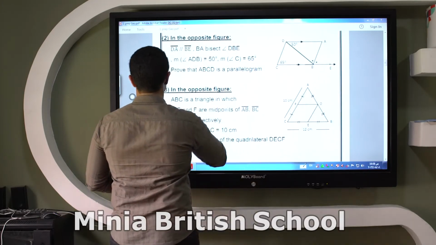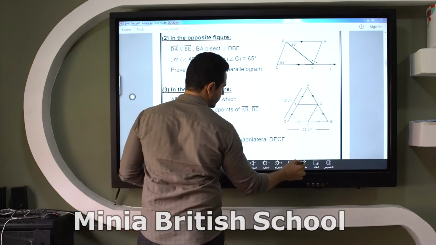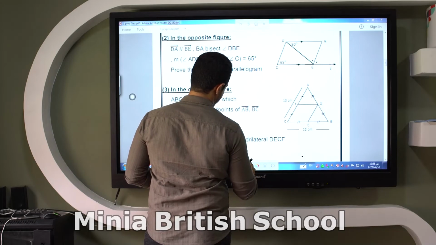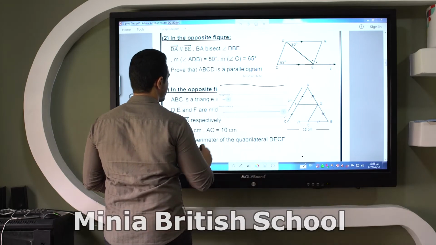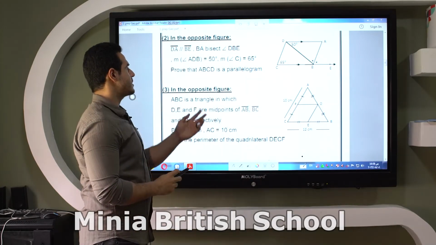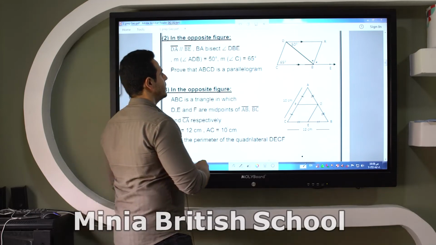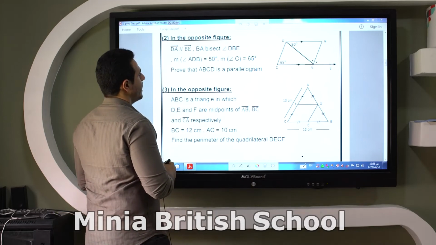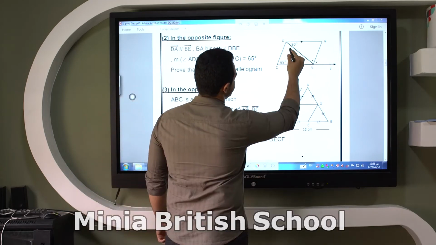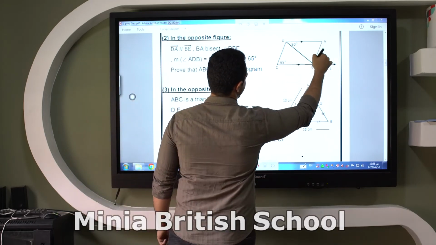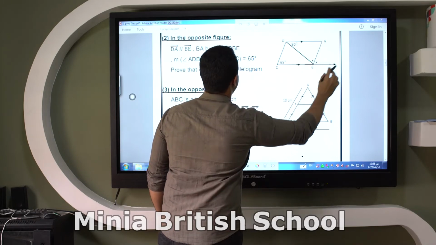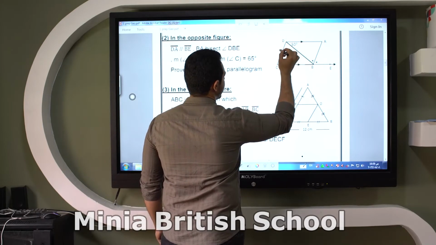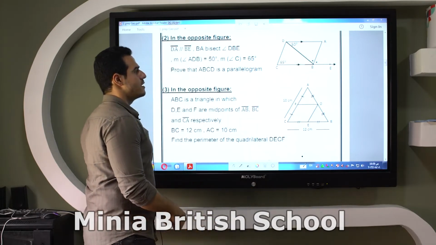Now let's solve some problems. In this figure, AD is parallel to BC. BE bisects angle DBA. This line bisects this angle. The measure of angle ADB equals 50 and the measure of angle C equals 65.